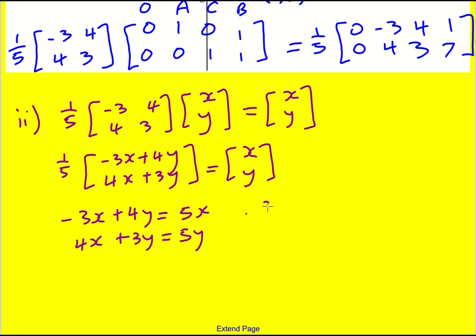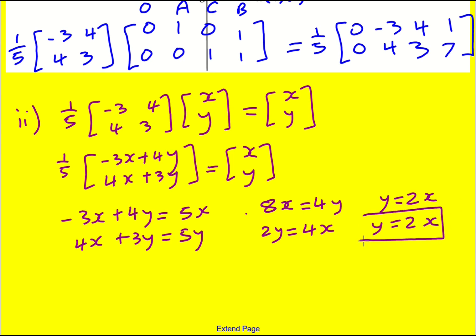Let's deal with the top one. We're going to get 8x equals 4y, therefore y equals 2x. And the bottom one, we just need to check if this brings anything else into play. 2y equals 4x. So again, y equals 2x. Both of them give this. This is going to be the line of invariant points.